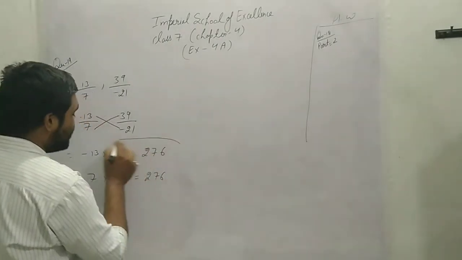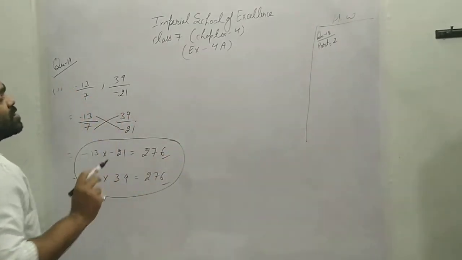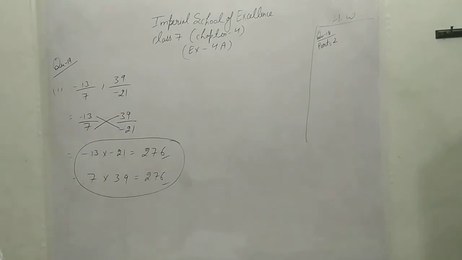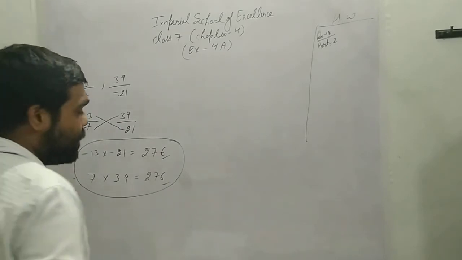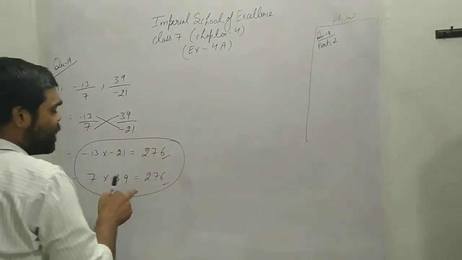It means the total multiplication is the same, so the rational numbers are equivalent to each other. यानी ये rational number equal हैं दोनों के.